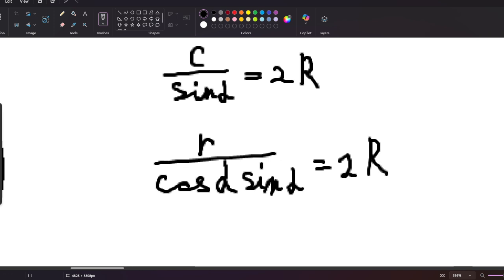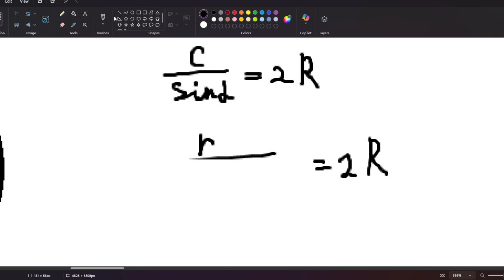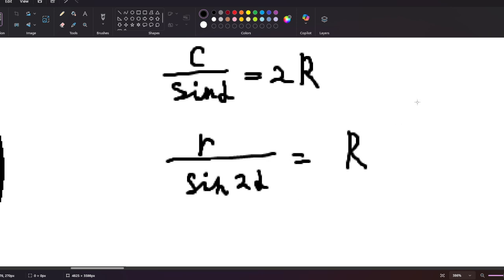Now, thanks to the double angle formula, we know that this is simply sine of 2 alpha times 1 over 2. We'll bring it into the numerator, then we can simply divide both sides by 2. And look what we've got here.